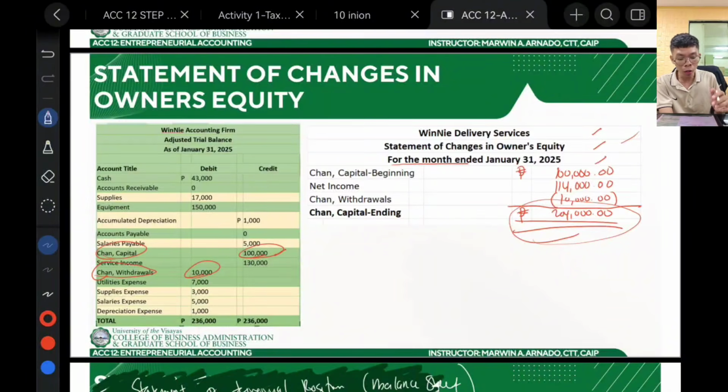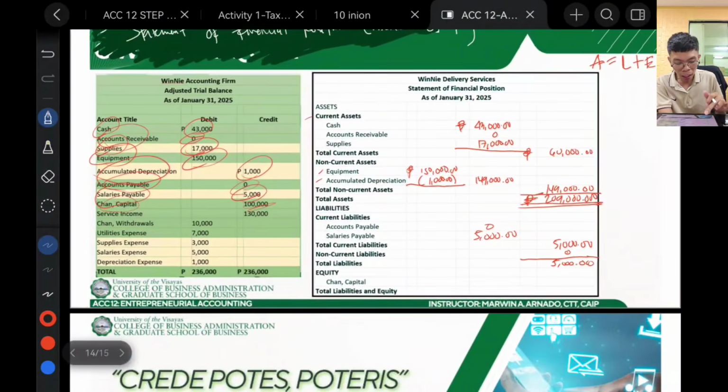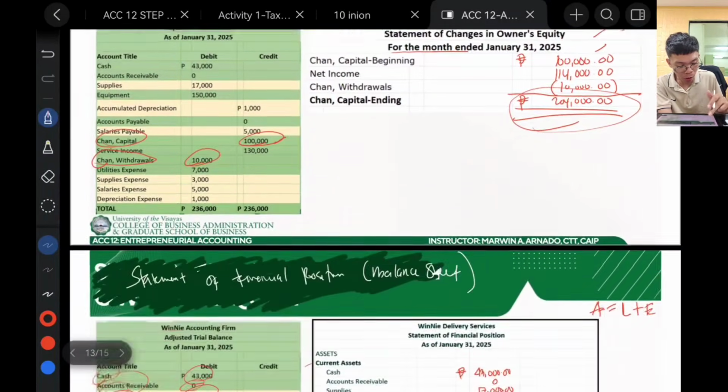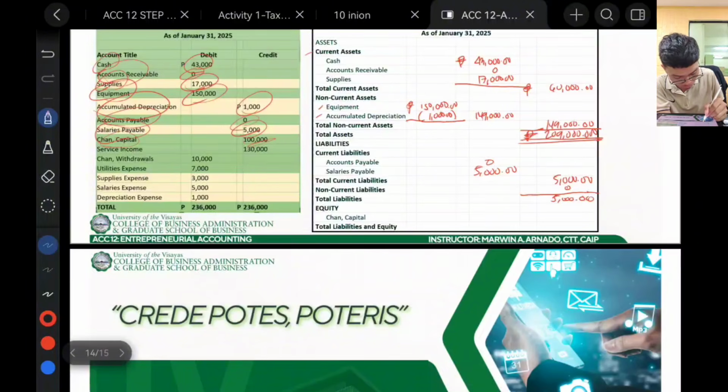That is what we will use as our Chan capital. It is the ending balance, and how much is that? That is 204,000. So here, Chan Capital, 204,000.